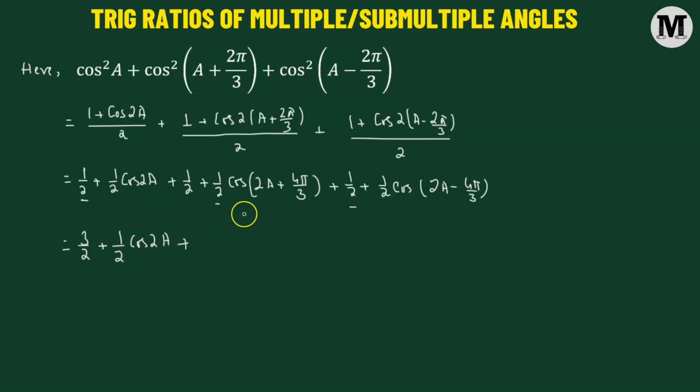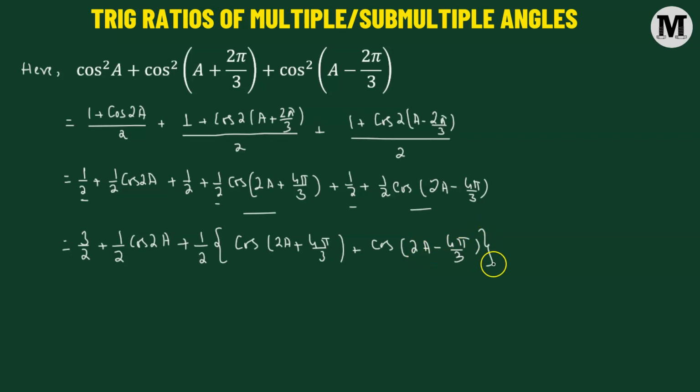Now what we'll do, we'll take half as the common factor and combine these two terms. So we have half multiplied to [cosine of (2a plus 4 pi over 3) added to cosine of the angle (2a minus 4 pi over 3)].